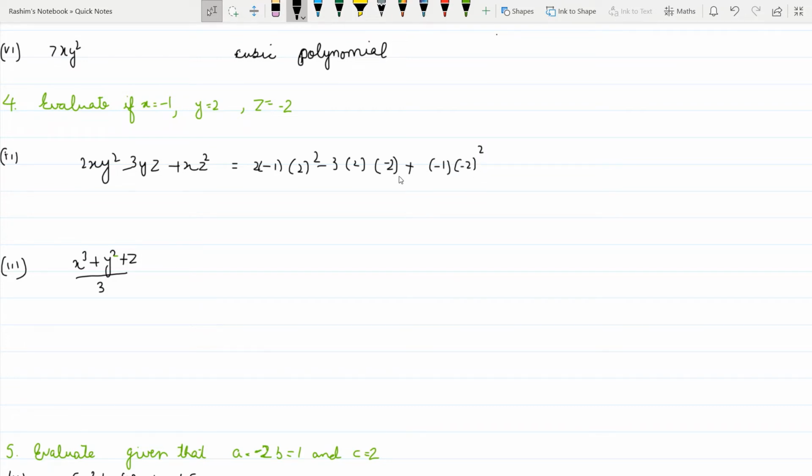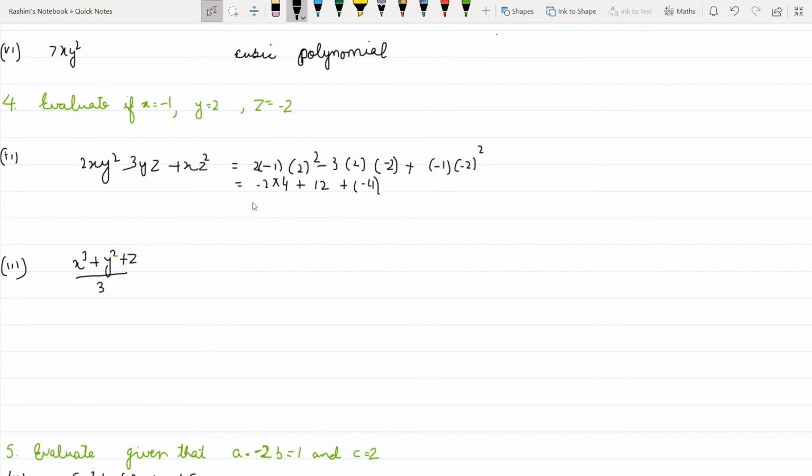Right? So we will have here 2 into -1 is -2, into 2 square which is 4, minus 3 into 2 is 6, into -2. So this minus minus will become plus, so this will become 12, plus -1 into -2 square, which is 4, so this will become -4.